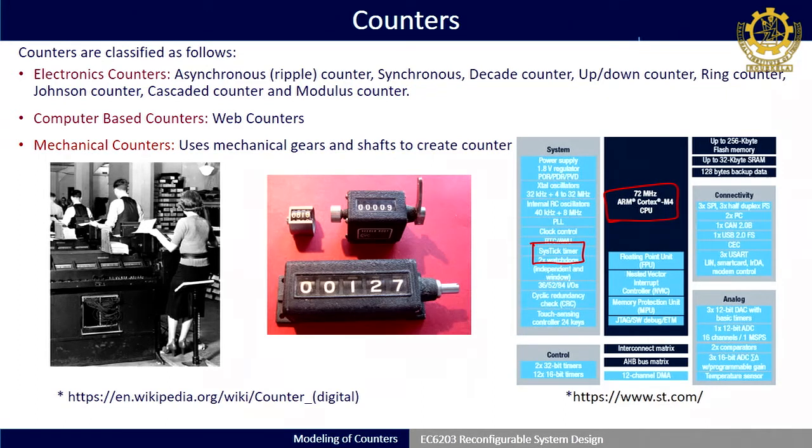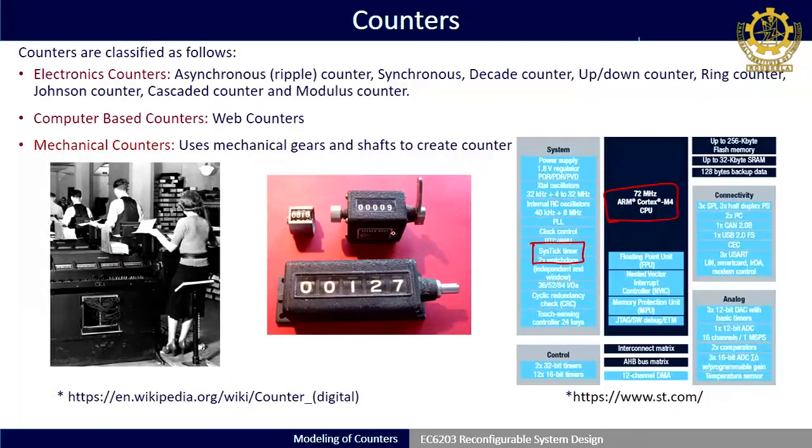Using gear shafts they also built big clocks to show the time. Due to reduction in size and development in electronics, nowadays electronic counters or computer based counters are mostly adopted. This is a simple mechanical counter which is hardly used nowadays, but earlier they started using this.